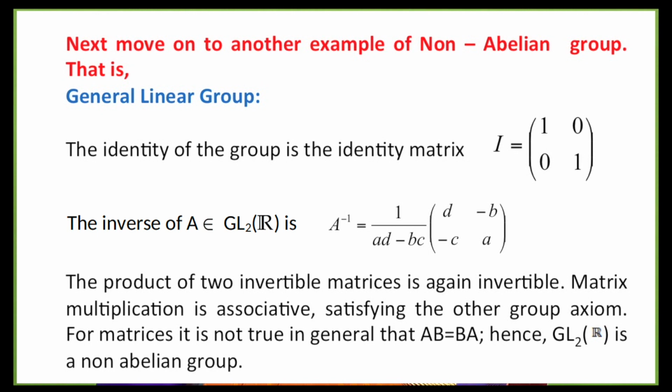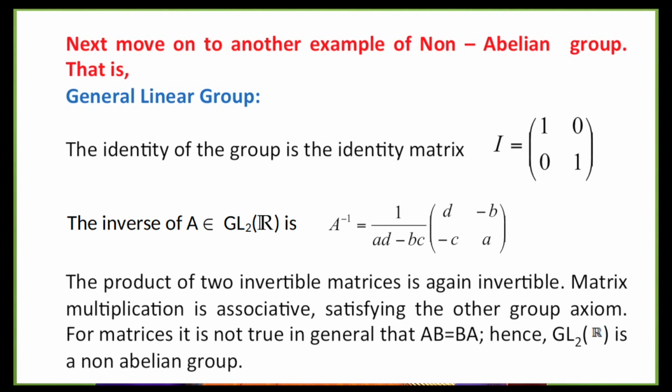The identity of the group is the identity matrix, I equals (1, 0; 0, 1). The inverse of A, an element of GL2R, is A inverse equals 1 over (ad minus bc) times the matrix (d, minus b; minus c, a).